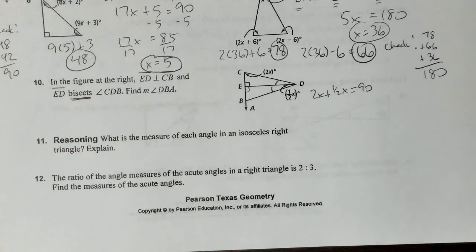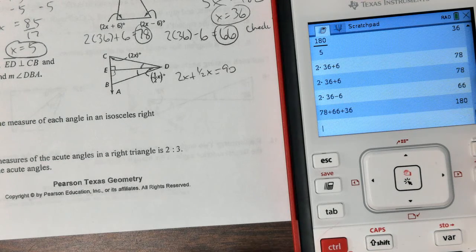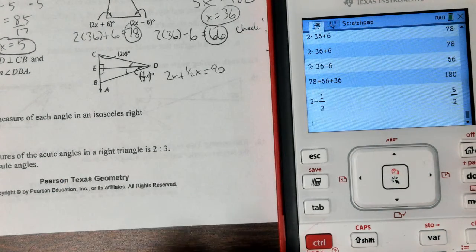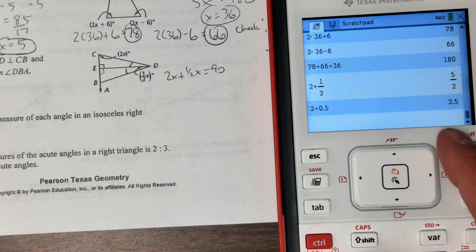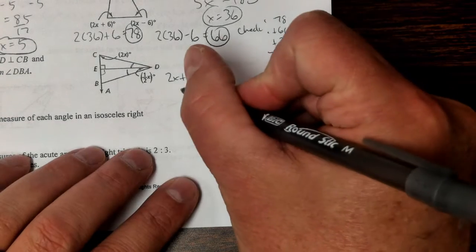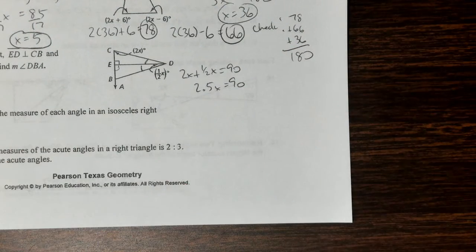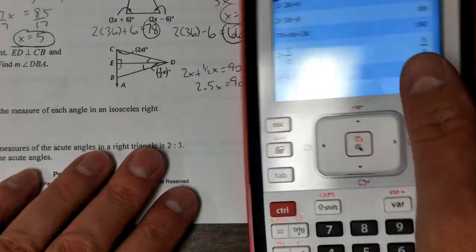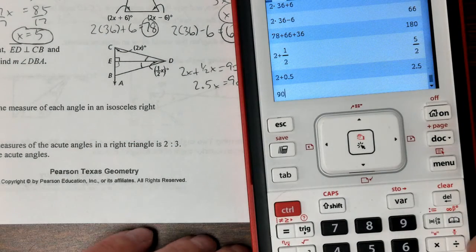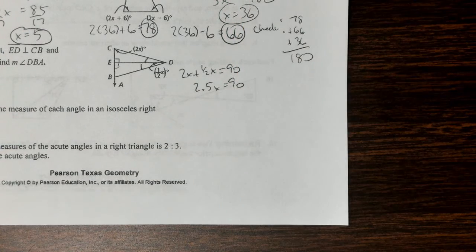Okay, so in this case, you just say 2 plus a half, either as a fraction or as a decimal. So you get 2.5. So 2.5x equal 90. And then on that one, 90 divided by 2.5 gives you 36.